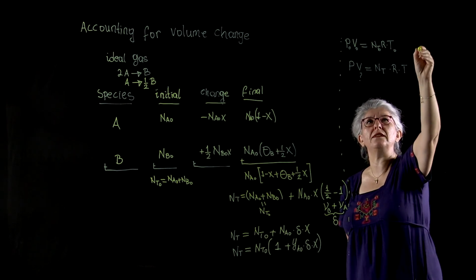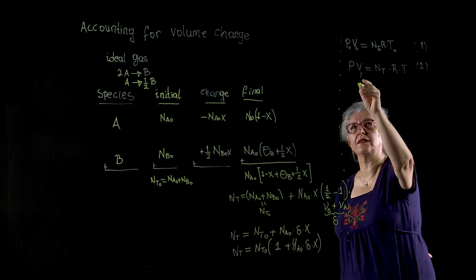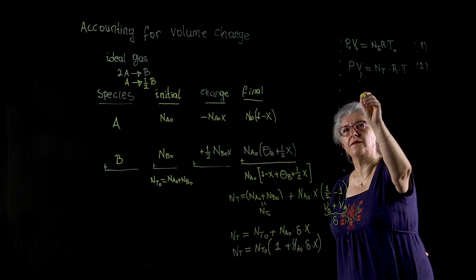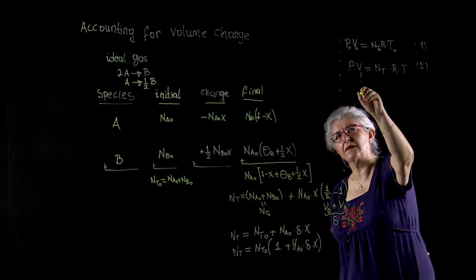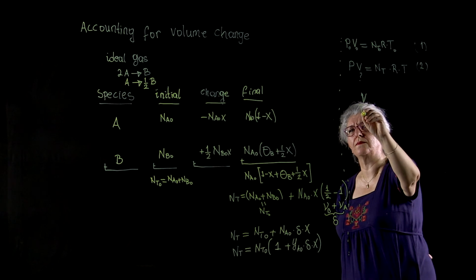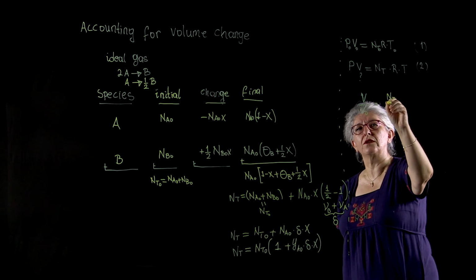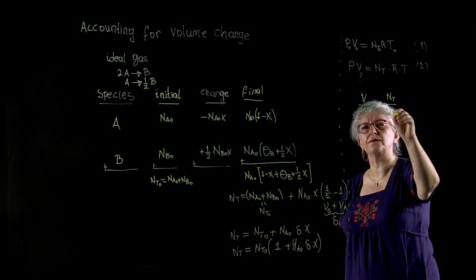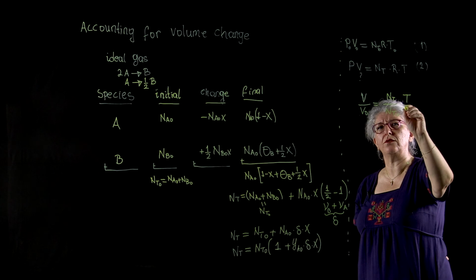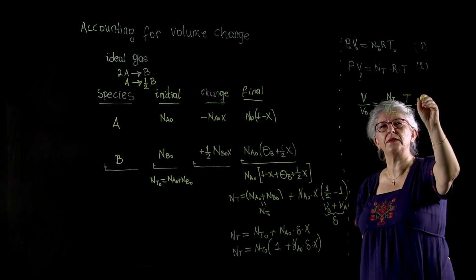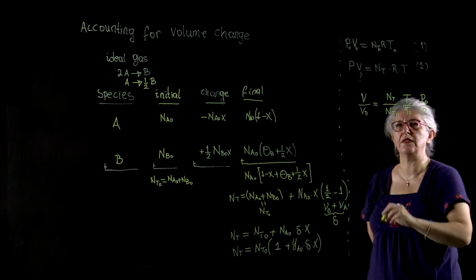So we are going to divide 2 by 1 to obtain V over V0 is equal to N total over N total 0 times T over T0 times P0 over P. It transfers the P terms to this side of the equation.